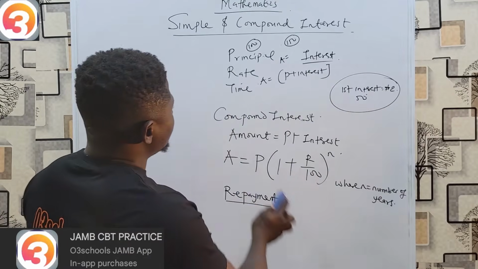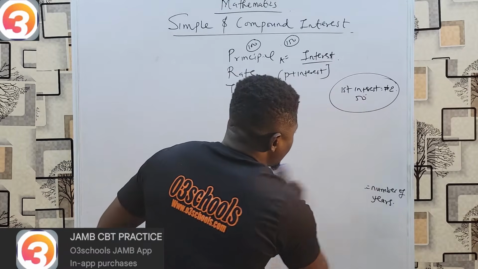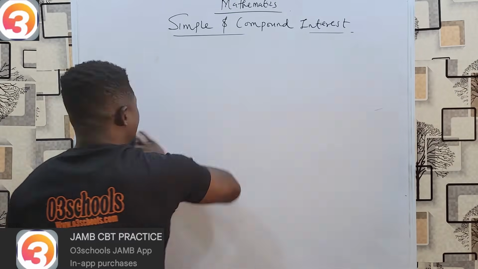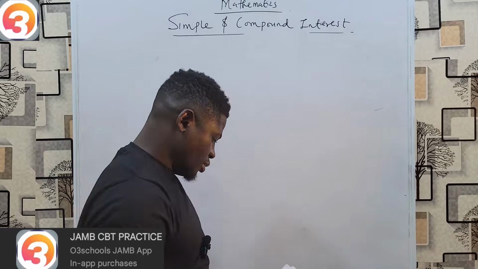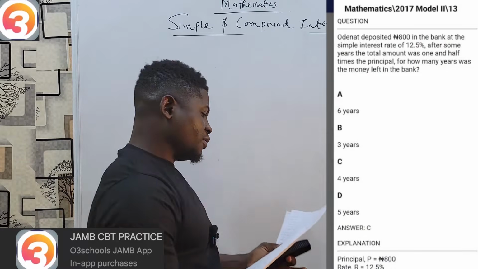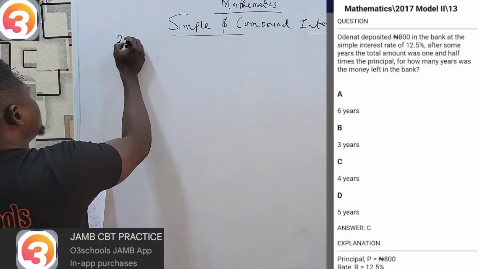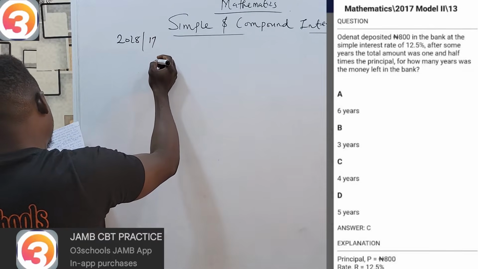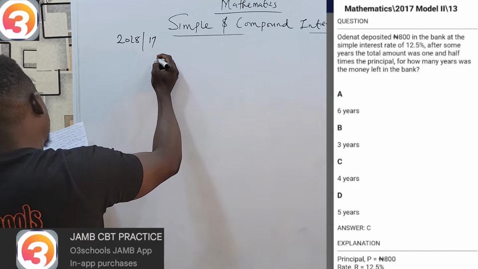So having known these foundational little things, we're now going to head over to the O3 School JAMB app and start answering questions. So the first question here is from 2018, number 17. Is this number 7 or number 17? All right.